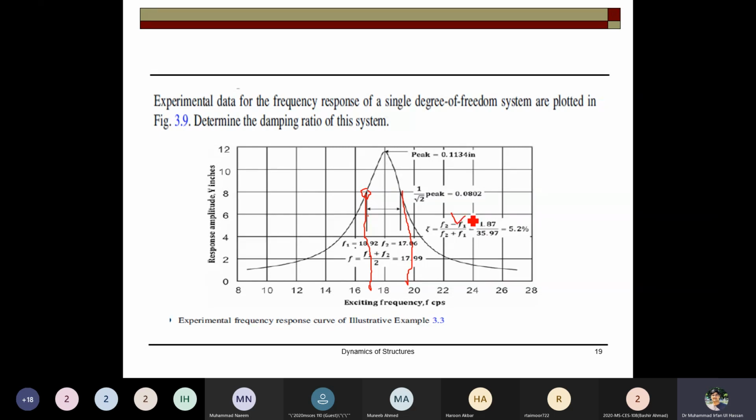The difference of frequency, f2 minus f1 divided by the 2 value, that will give you the damping ratio.